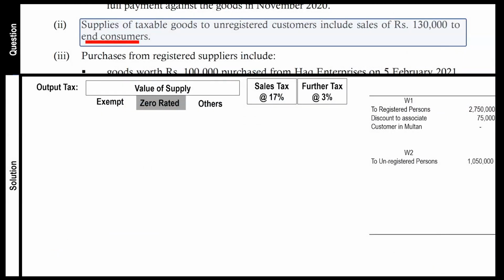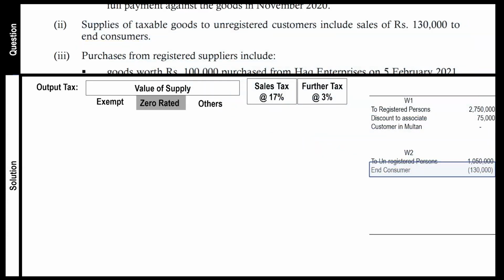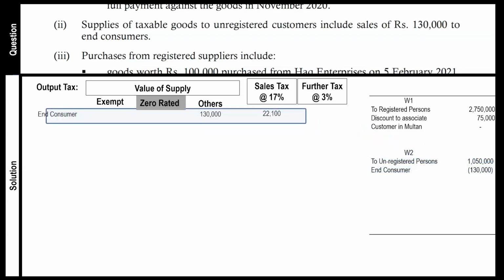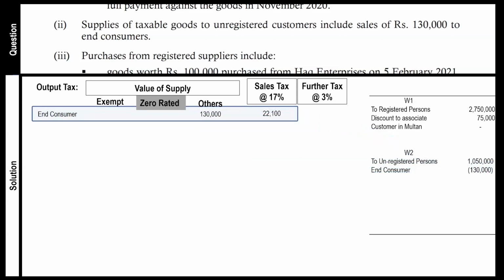Do you see that sales of 130,000 have been made to end consumers? So 3% further tax will not be charged on these sales. Let's deal with it. First, subtract 130,000 from sales to unregistered persons, because further tax will not be charged on these sales. Second, mention this sale separately and charge sales tax at 17%.